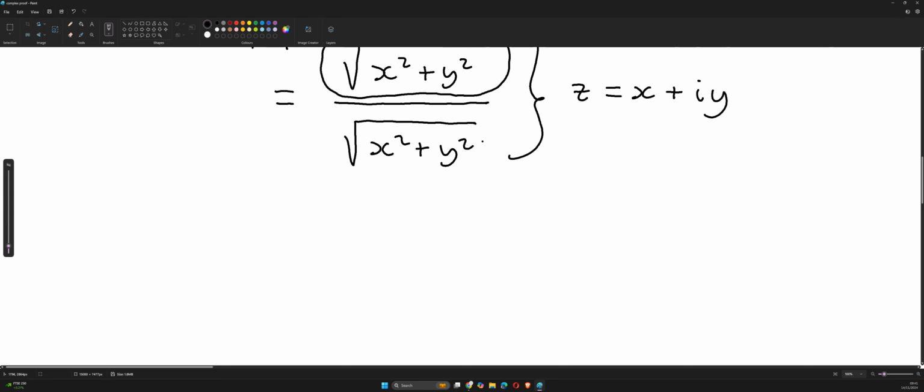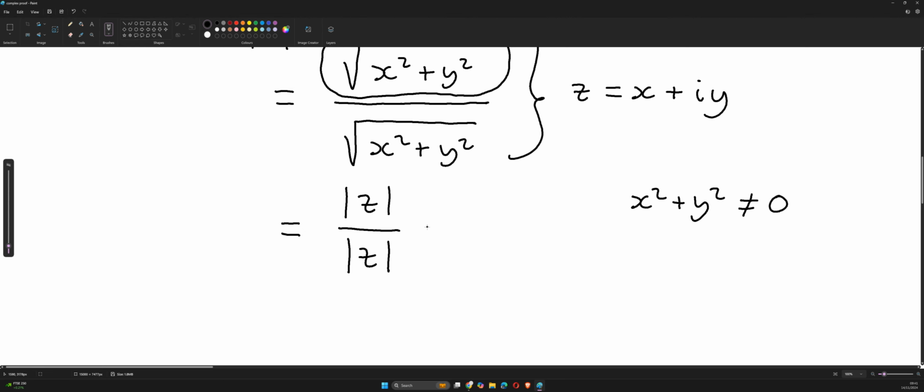Okay, so from here we end up with the magnitude of z over the magnitude of z. Okay, and providing that x squared plus y squared is not equal to 0, then this value over here is going to be equal to 1. And we have our proof.